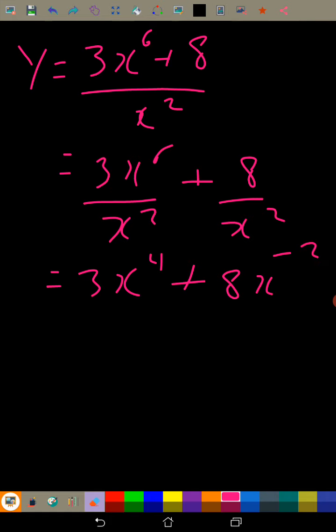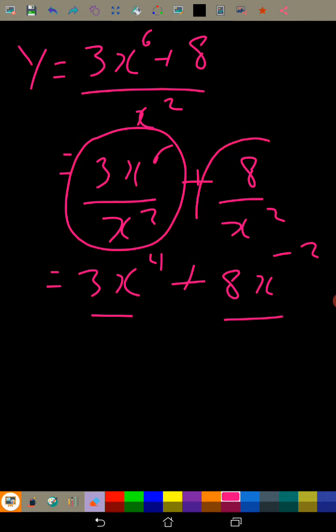Alright, so we came to this, and now we can differentiate it because we don't have, how do you say, a fraction. We don't have a ratio. We have just something we know.